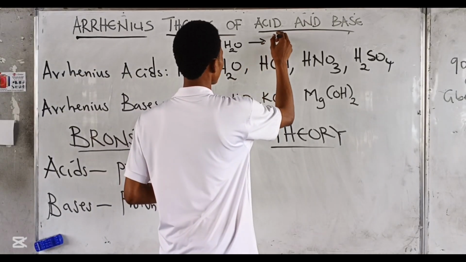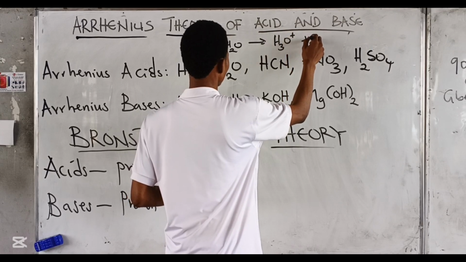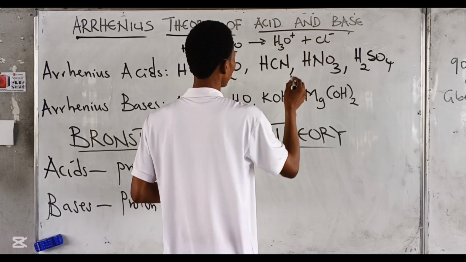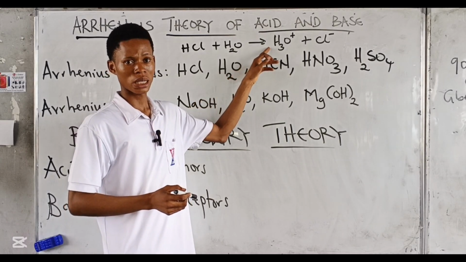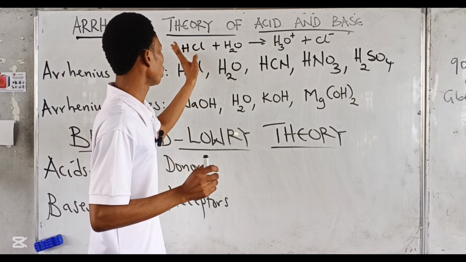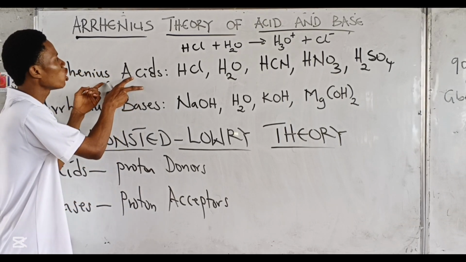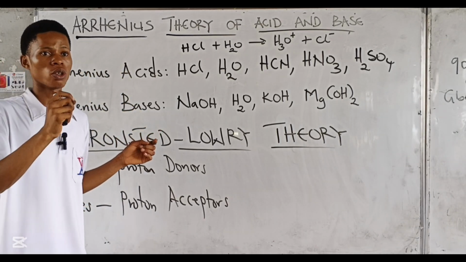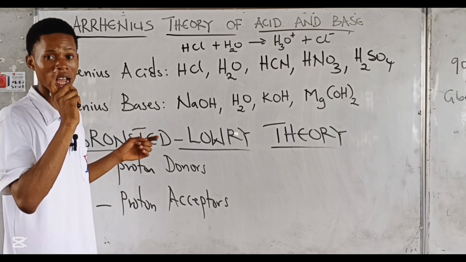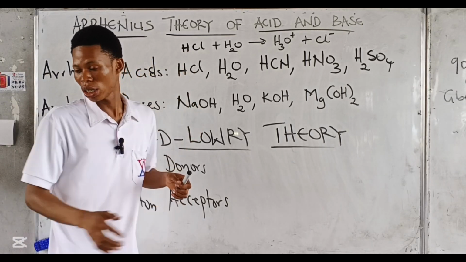We will be having H3O plus and Cl minus, is it not? I know this is equivalent to hydrogen ion, right? But let's forget about this. Just note that Arrhenius acid is any substance that if you dissolve in water, it will produce hydrogen ion as the only positive ion, right? Like this.